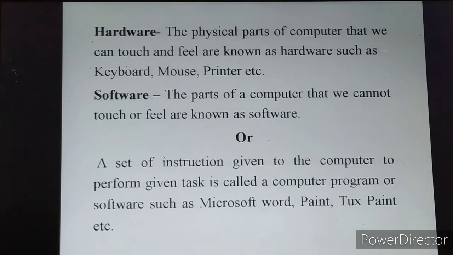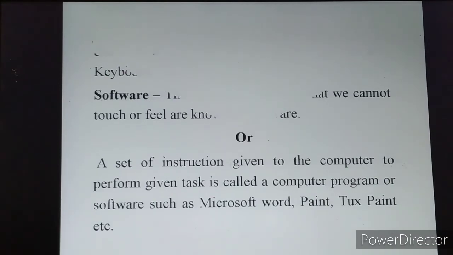You can also define software as a set of instructions given to the computer to perform a given task, called a computer program or software. Right?